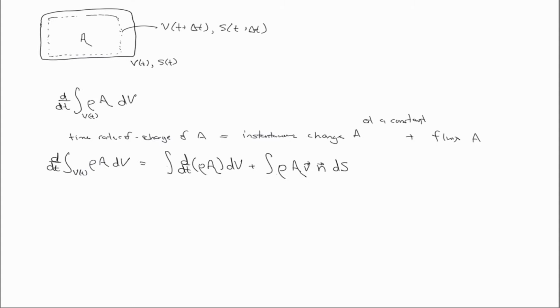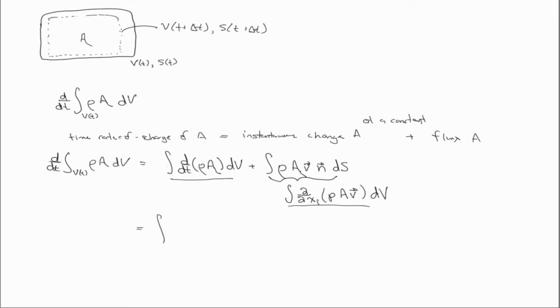The first thing I'm going to do is use the divergence theorem to convert this surface integral to the volume integral, right? So this guy is going to become that guy. And then on this first term, I'm going to apply the chain rule to this guy and to that guy, and write down what the long written out form is.